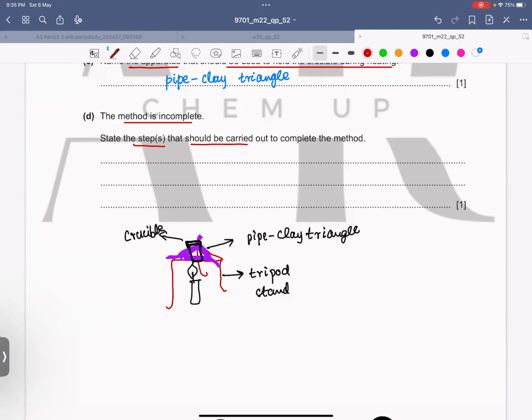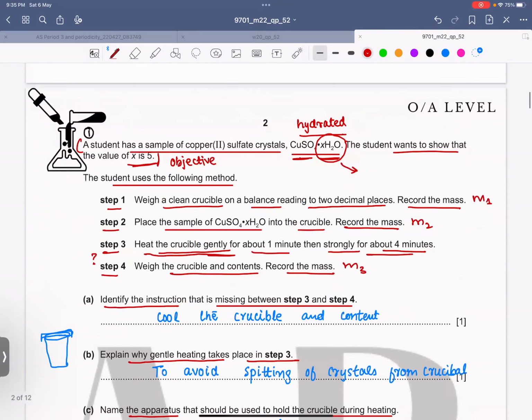State the steps that should be carried out to complete the method. Okay. So what step was incomplete in this method?